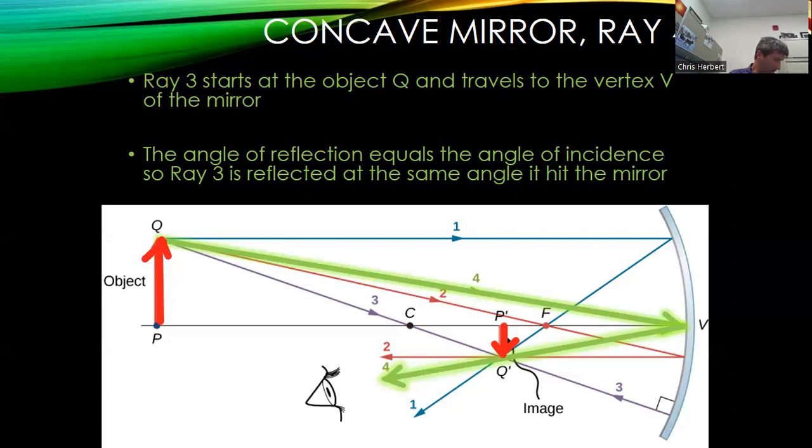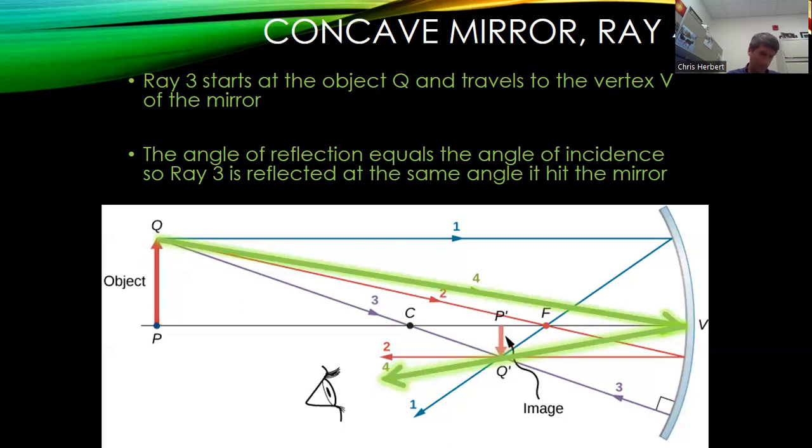And to be clear here, we are not really looking at the entire object here. We were just looking at the very top of the object to locate the top of the image. But, you know, once we have the top of the image, we can draw the rest of it.